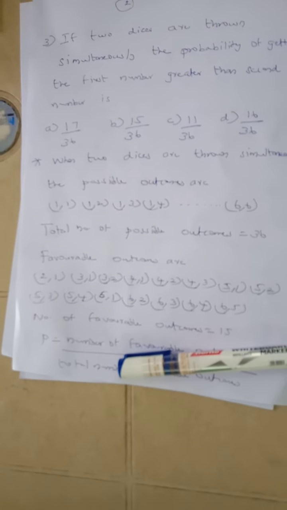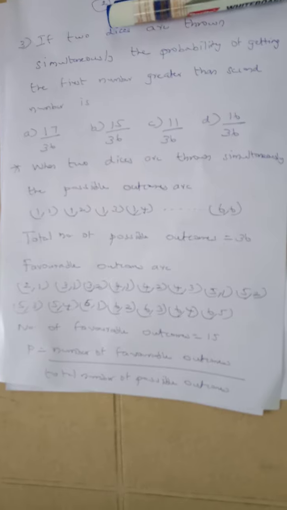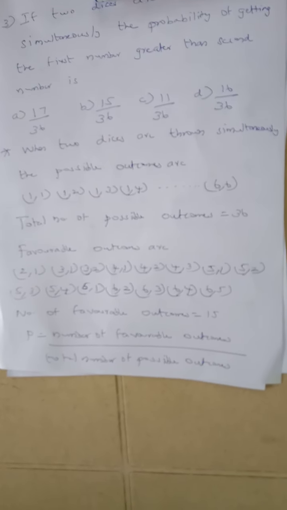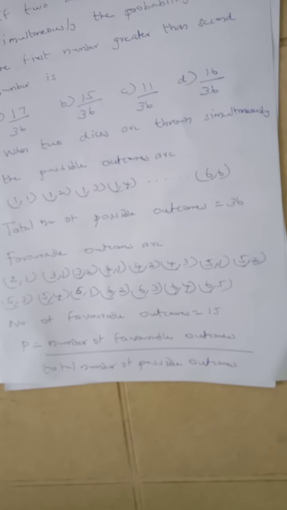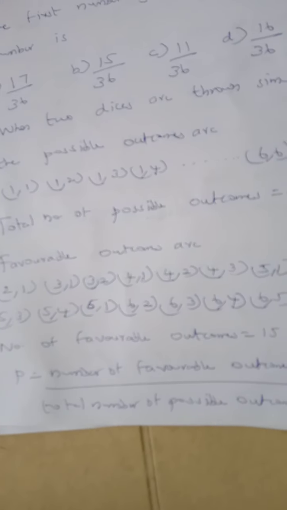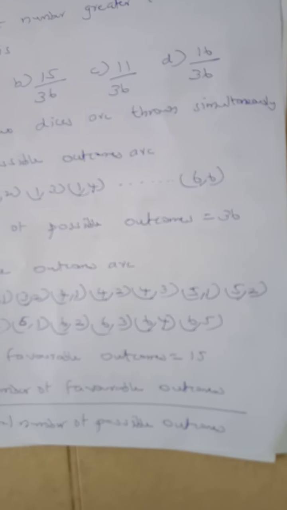So what are the favorable outcomes? The first number should be greater than the second number. So the favorable outcomes are 2,1; 3,1; 3,2; 4,1; 4,2; 4,3; 5,1; 5,2; 5,3; 5,4; 6,1; 6,2; 6,3; 6,4; 6,5.